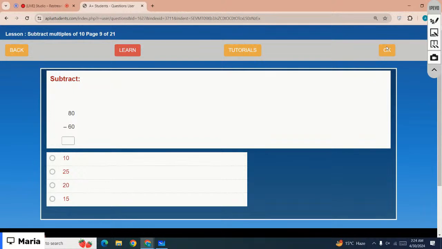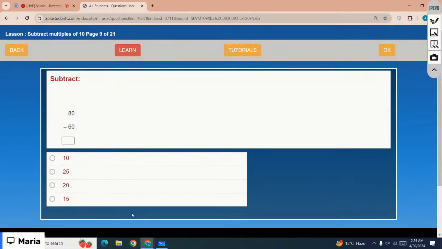80 minus 60 equals, yes, the correct option is 20.